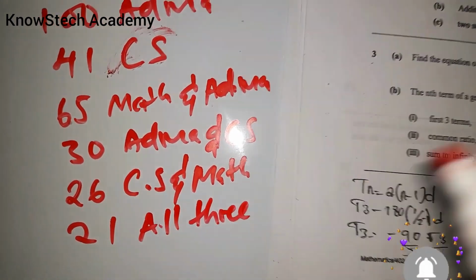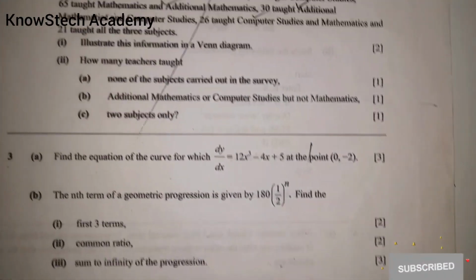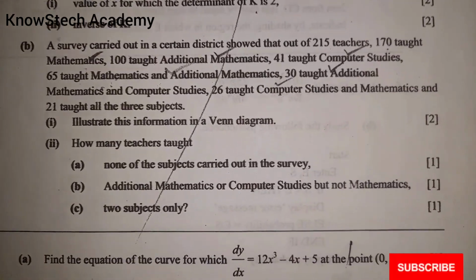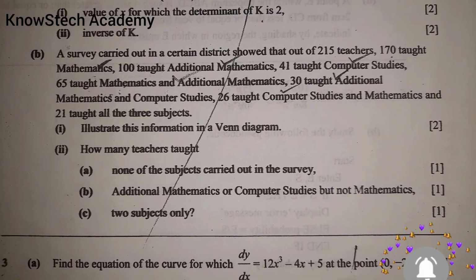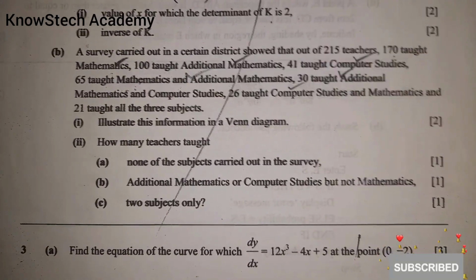So all 3. Nice. This information is enough. So they're asking to illustrate this information in a Venn diagram, and other questions that follow. So first let's illustrate, and then we'll get back to these other questions.